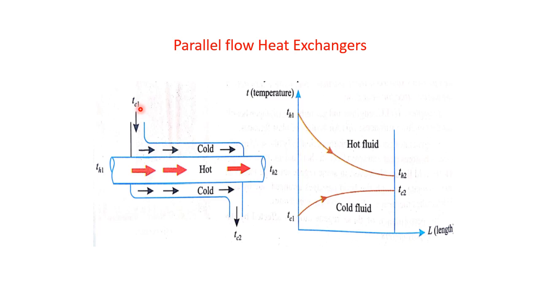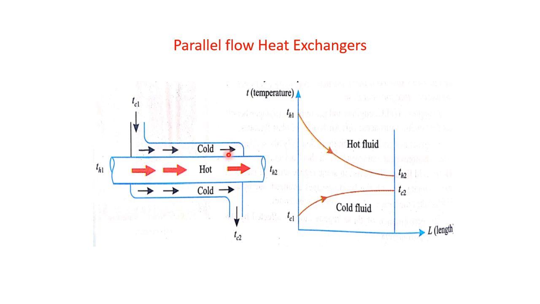The temperature of the cold fluid is indicated as TC1, where T indicates temperature, C indicates cold fluid, and 1 indicates at the inlet of the heat exchanger. Here the cold fluid is passing over the annulus of this tube. Both the hot fluid and the cold fluid are flowing parallel to each other and in the same direction.